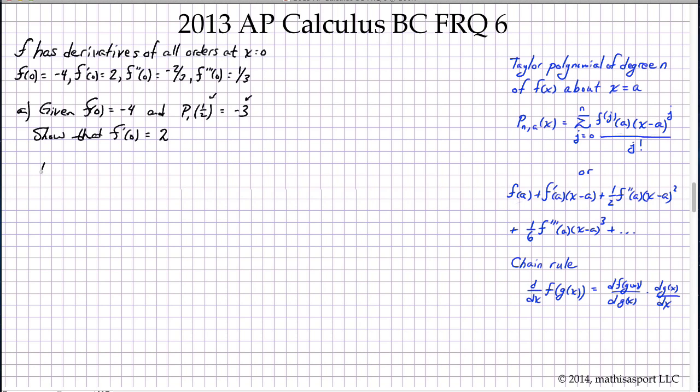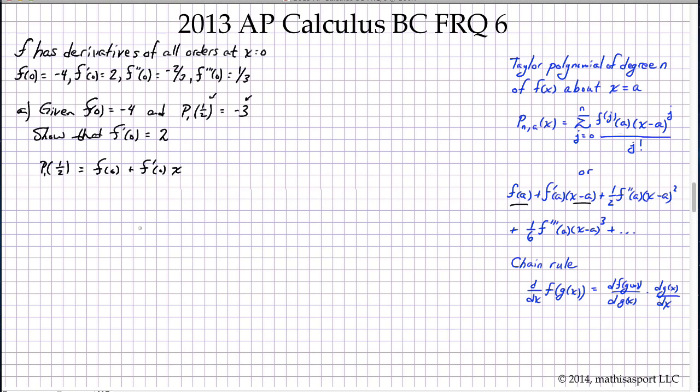So P1 of 1/2 is this first degree Taylor polynomial described here, where a is 0. And so that's f of 0 plus f prime of 0 times x minus 0 in this expression.